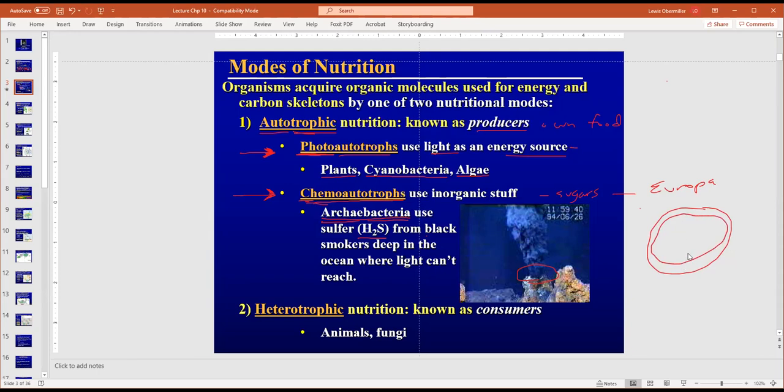And it has a solid core, so that means that it can have these smokers at the bottom of its ocean, and without any sunlight it can still have life.